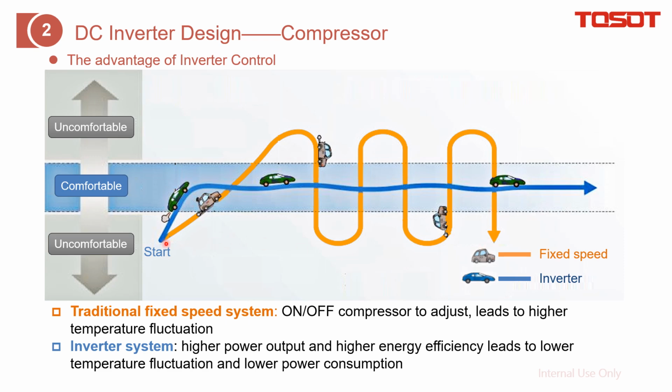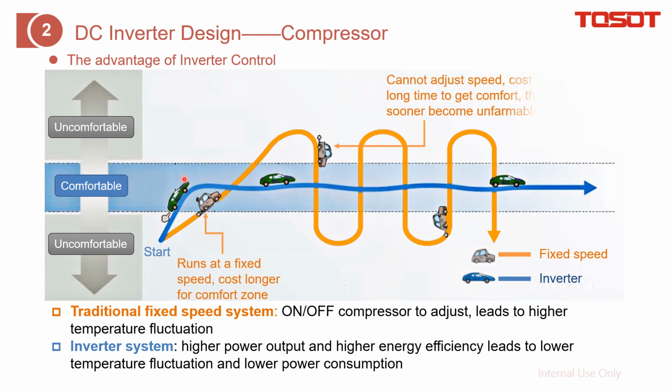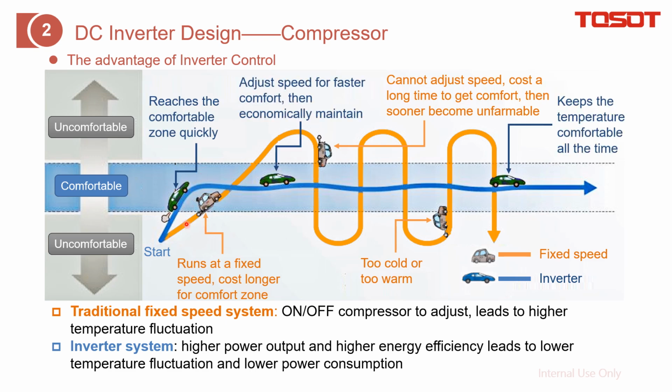Now compare with the inverter. At the very beginning, we can go higher; actually it will reach 120 or even 150% of the max compressor RPM to achieve your set point quickly.